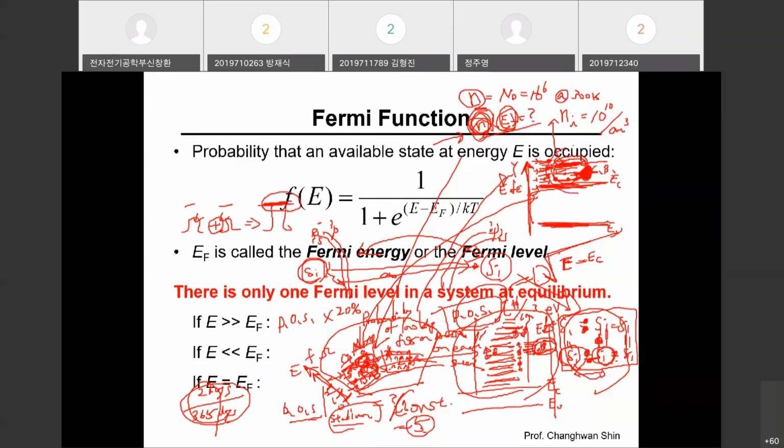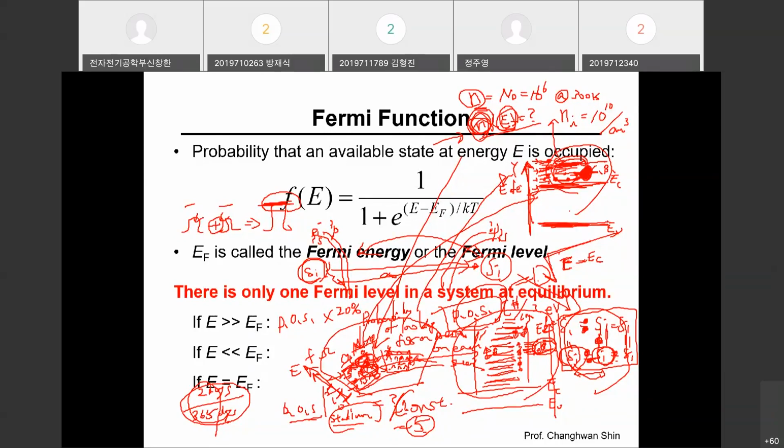What about the silicon material? Do we have a multifunctional camera to estimate the probability of finding an electron at each energy state in the conduction band? Is it possible? Yes, it is possible. That kind of luxurious camera can be made by the physicist Fermi.